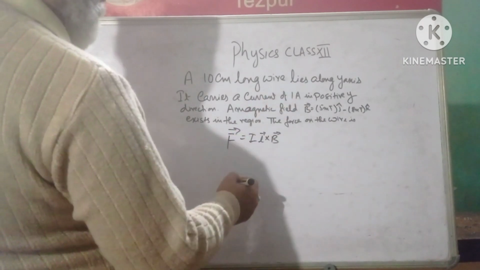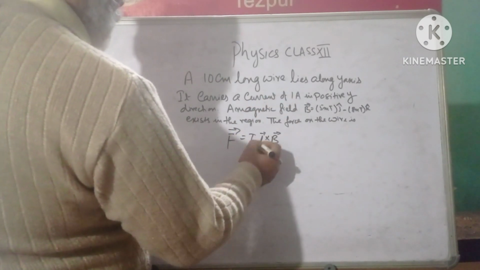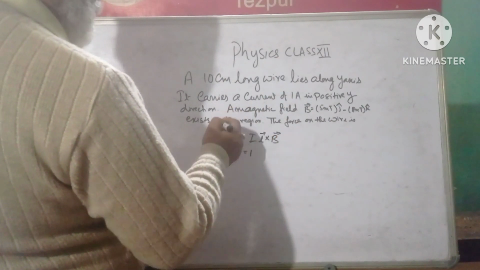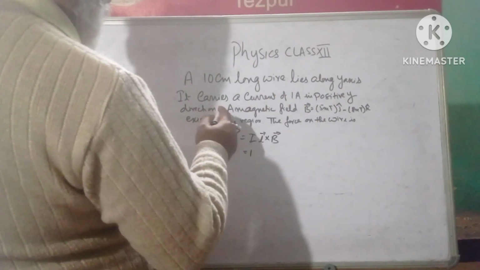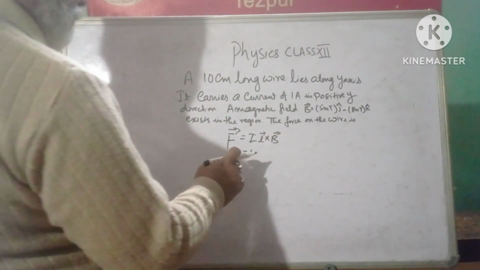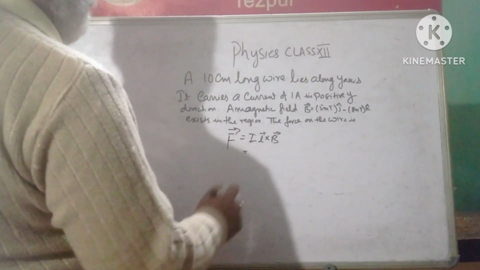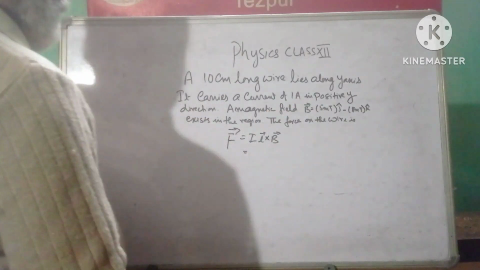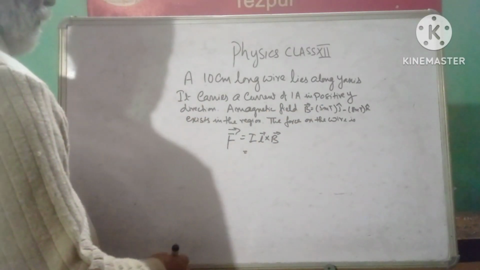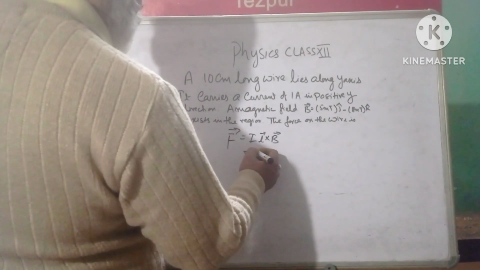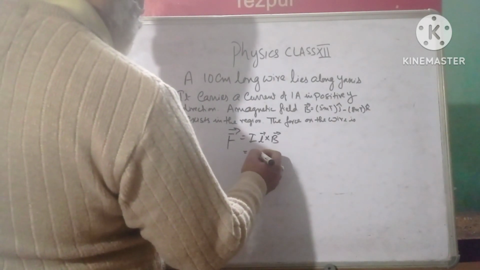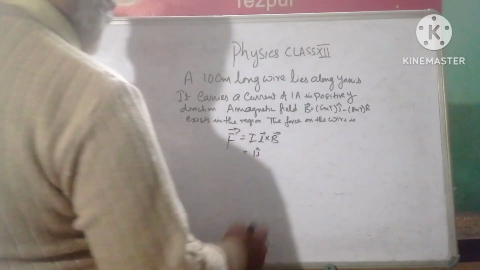Here I is 1 ampere, in the positive y direction, so that is 1 J cap.